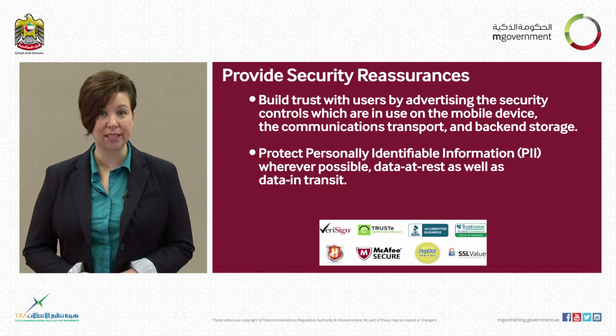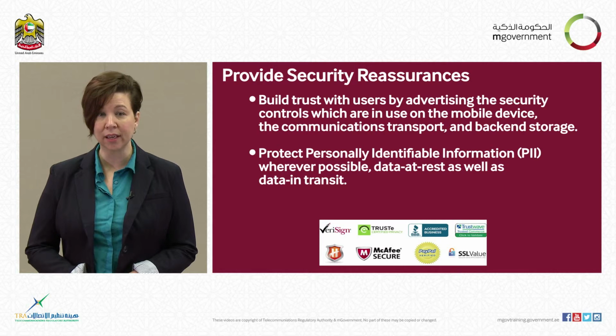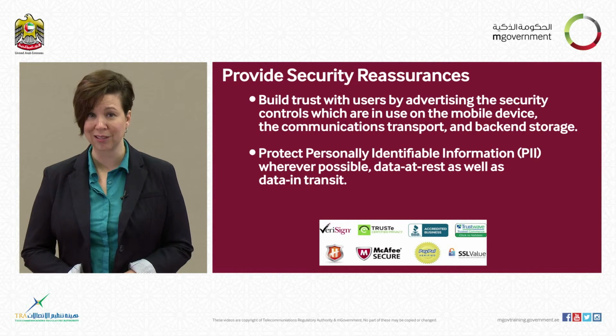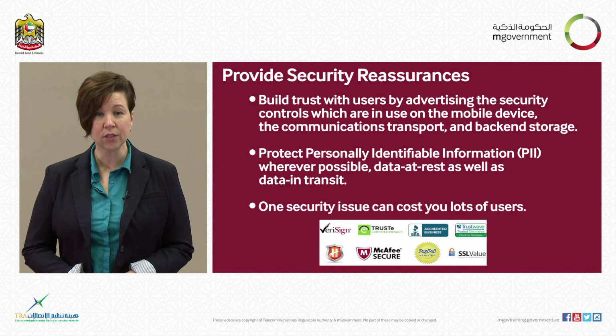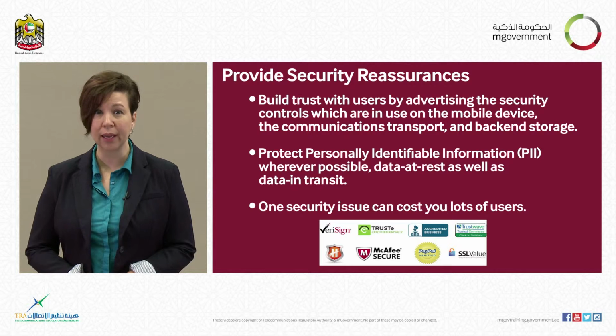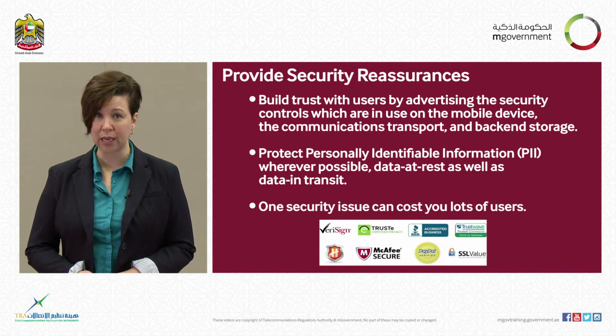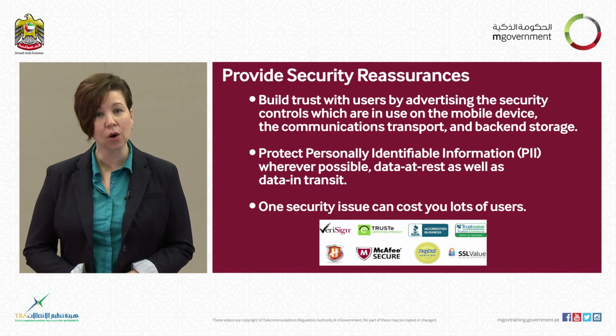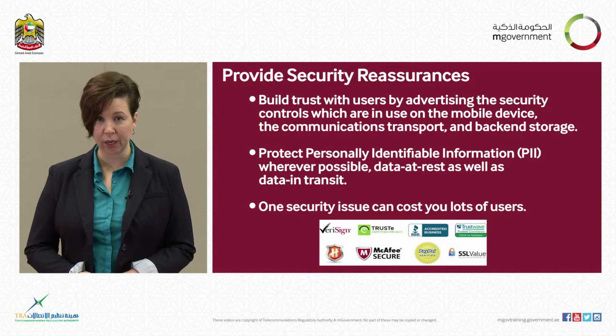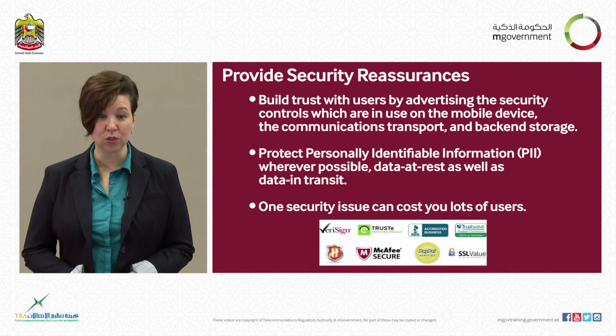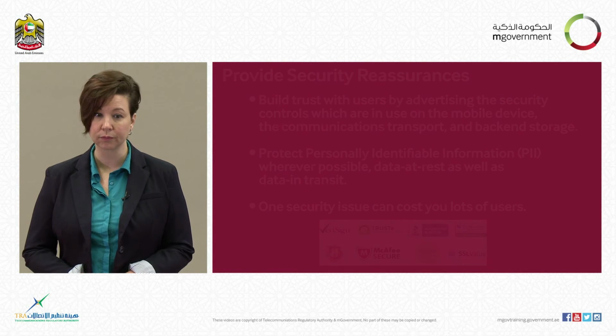This includes data at rest, such as in storage, and data in transit, say as it moves from place to place during a transaction. One security issue can cost a lot of users. It can be detrimental to your entire operation. So, using a third-party authenticator, such as you see on the screen, you want to show users that you take their security seriously.